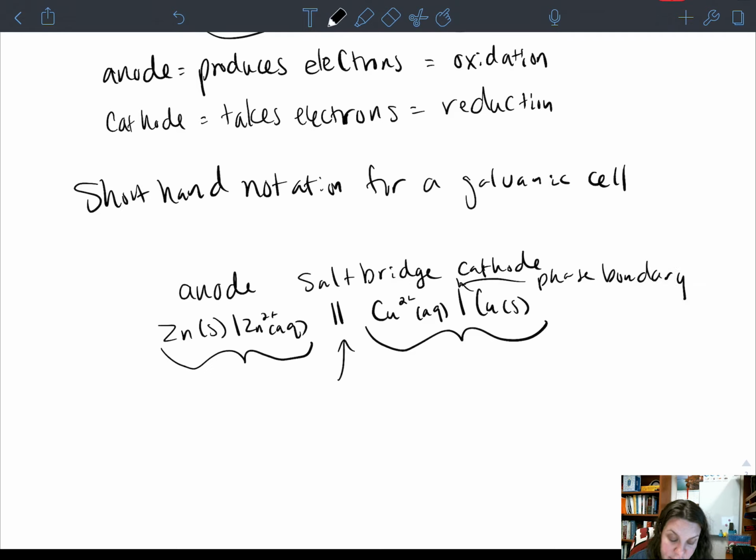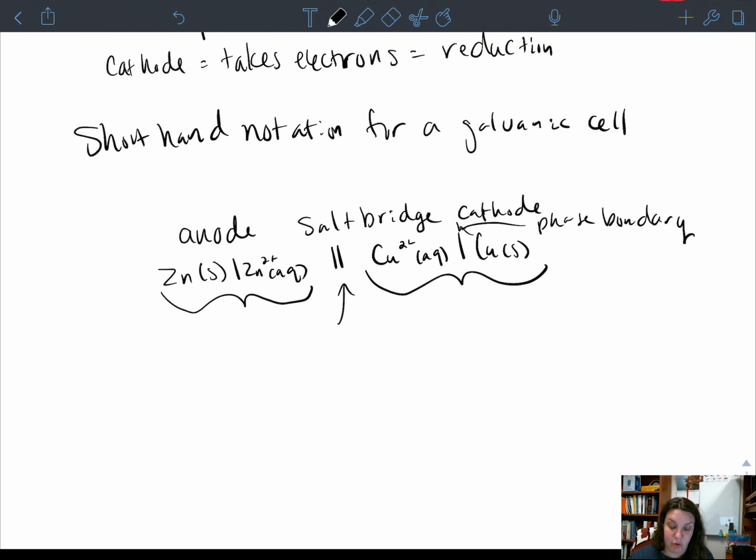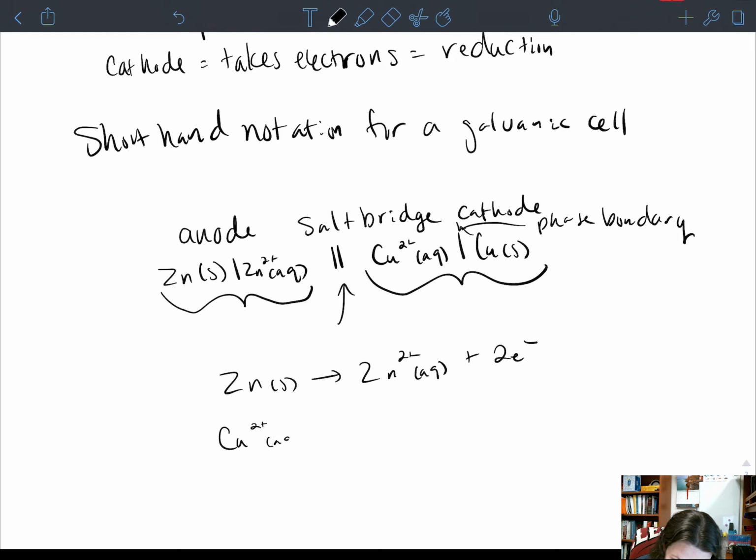And you guys are going to have to produce these shorthand notations as well as take these shorthand notations and tell me what's actually going on. So in this case we have zinc solid oxidizing to zinc 2+ to produce 2 electrons. And then our other half reaction, Cu2+ is taking 2 electrons to produce Cu solid.